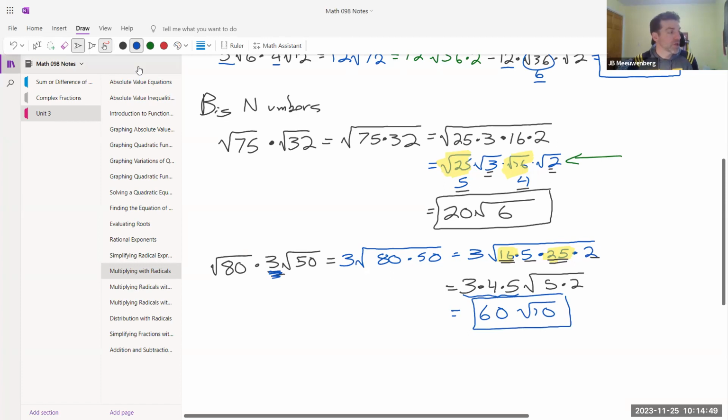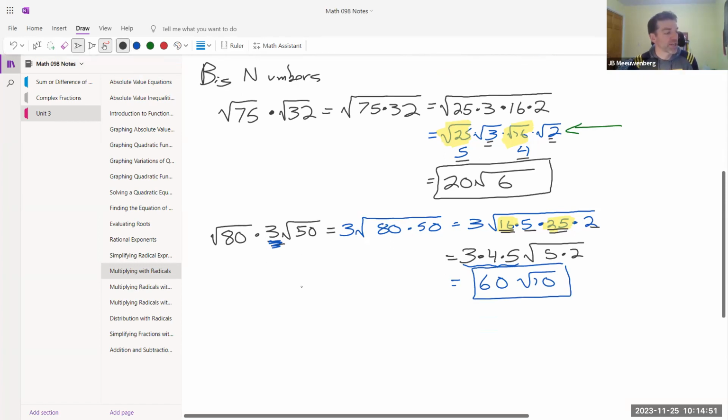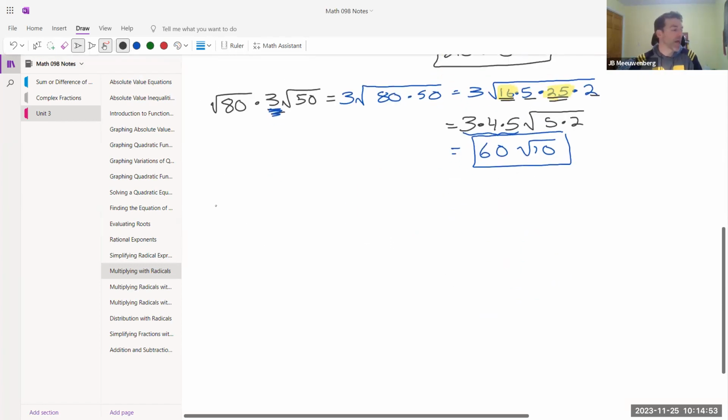I want to show you just one more scenario that can occur sometimes. And this one has some weird-ish looking numbers. I've got the square root of 51 times the square root of 21. And so again, these are some big numbers. And if you multiply those, you get something really big, over 1,000.